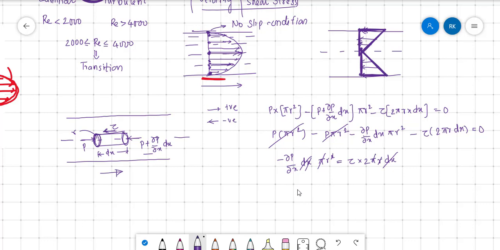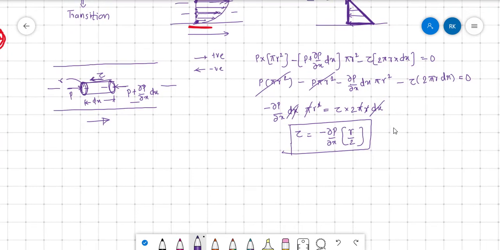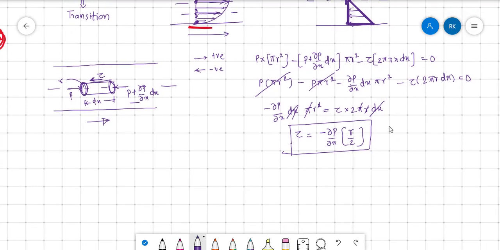The remaining is tau is equal to minus dou P by dou X into r by 2. So this is the shear stress at any point.